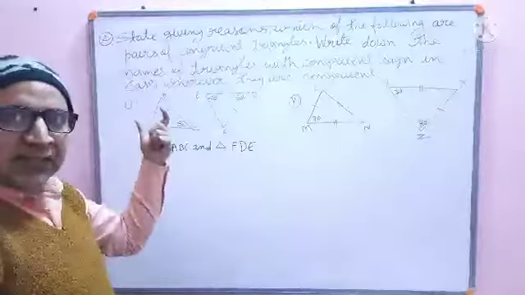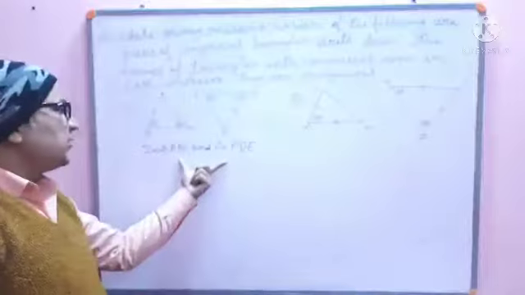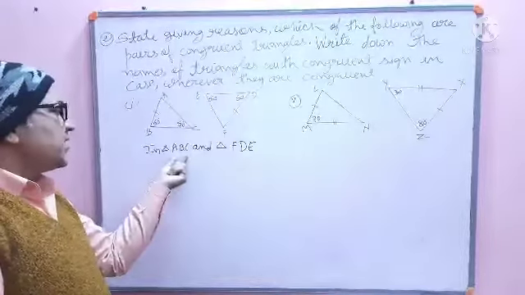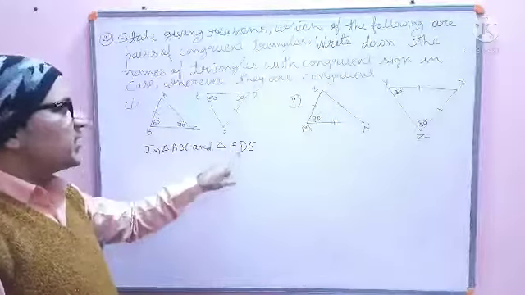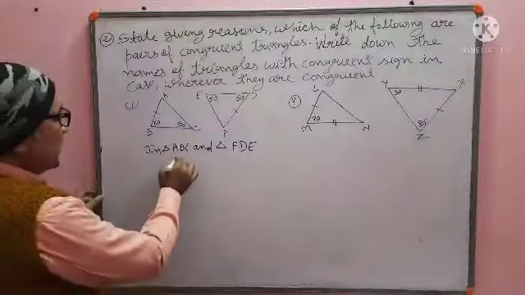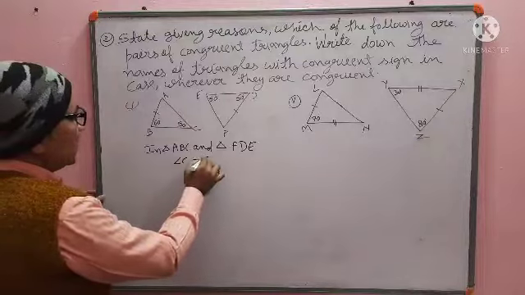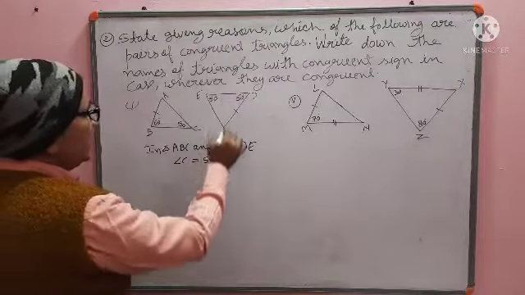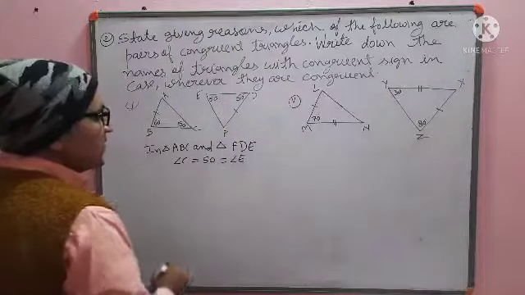You have to write the name of the triangles. So the names of the triangles are A, B, C and F, D, E. These two are congruent. Now see here, how to write? In this triangle angle C is 50 degree and in this triangle angle E is 50 degree.